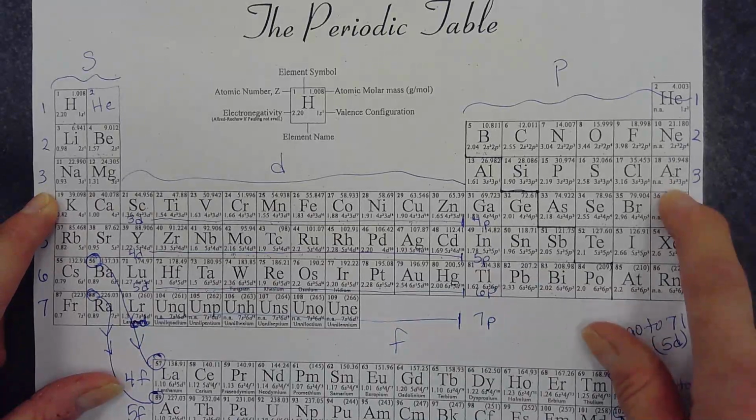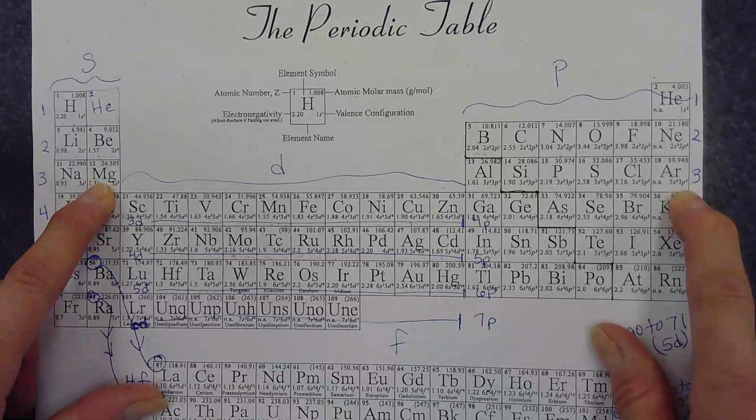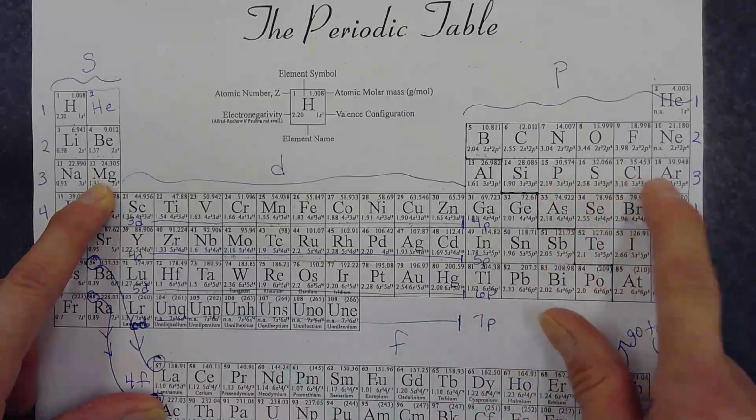So argon has how many valence? I'm going to write all this down in a minute. Valence means outer energy level. How many electrons are in the third, which is the outer energy level for argon? 1, 2 are in S, yes? 3, 4, 5, 6, 7, 8.